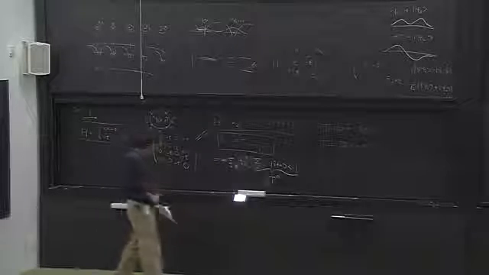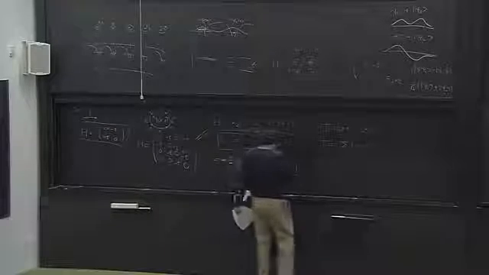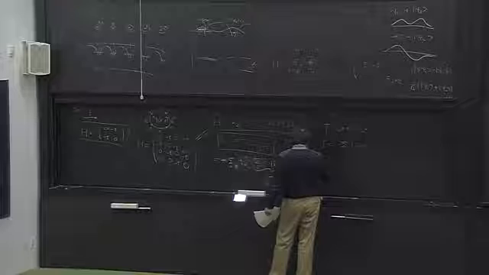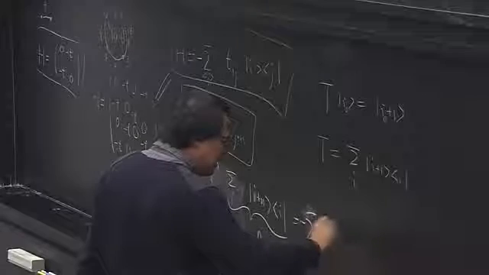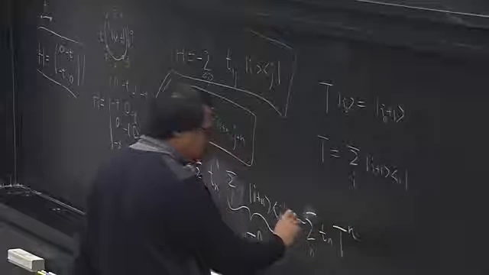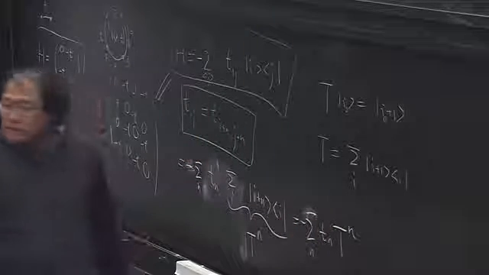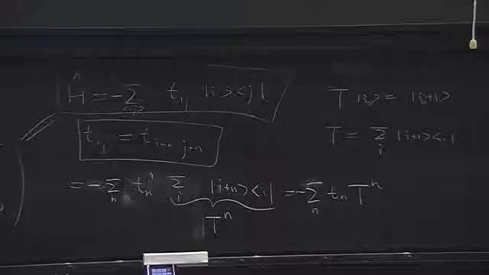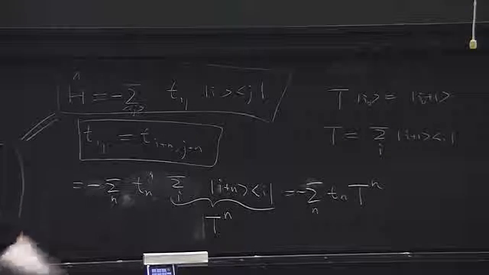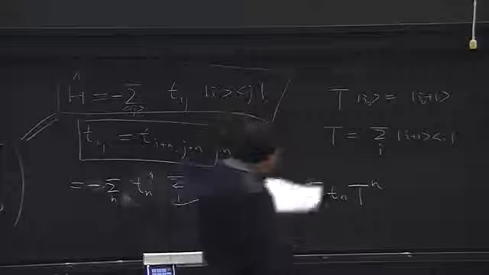So we managed to write the Hamiltonian as minus the sum over n of T_n times the translation operator n times. So the Hamiltonian is a function of the translation operator. This is no surprise because we have translation invariance. For a translation invariant system, the Hamiltonian always has this form.